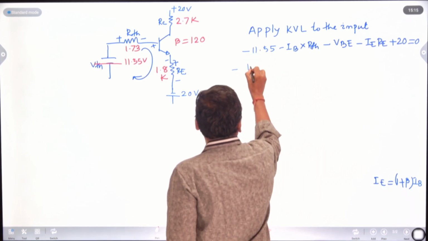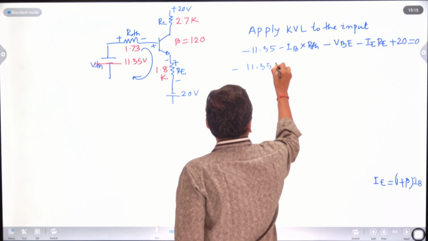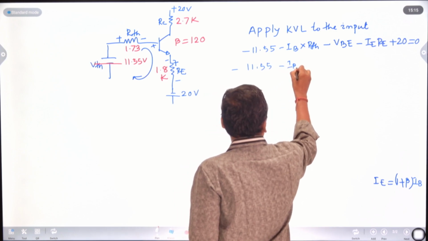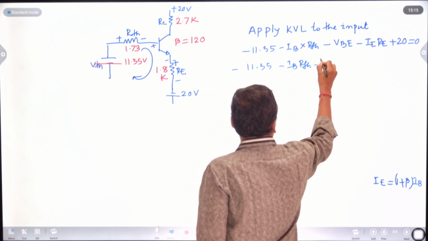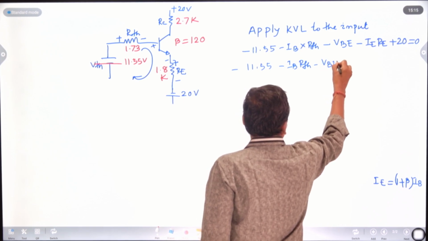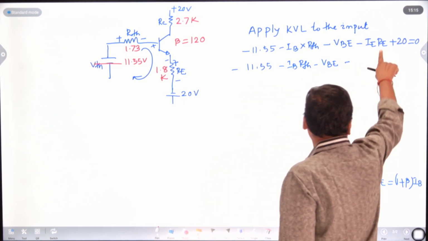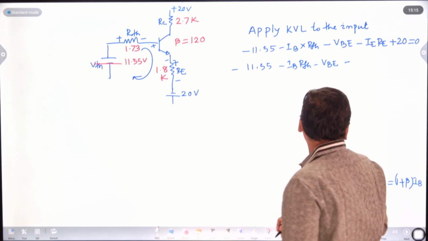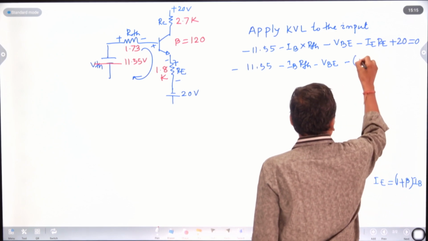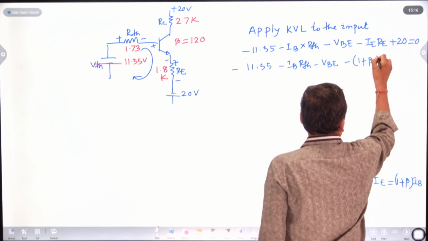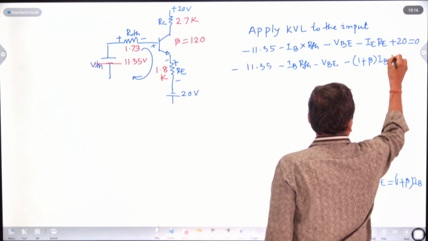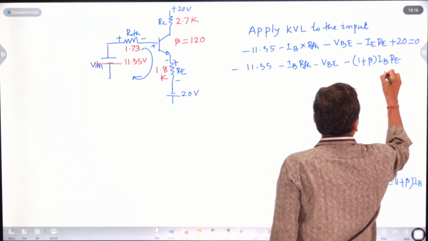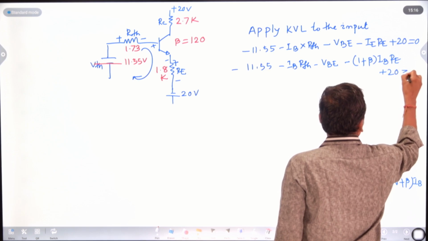So this is your minus 11.55 minus IB RTH, then minus VBE, then here in place of emitter current IE, put 1 plus beta whole into IB, minus 1 plus beta whole into IB into RE, plus 20 equal to 0.